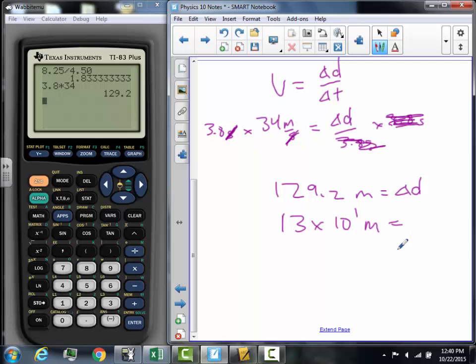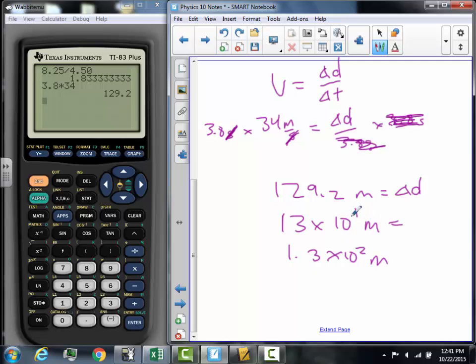There's a couple other options, by the way. You also could have written it as 1.3 times 10 to the 2 meters. That would also be valid. There's actually more options. Does anybody have a data table nearby that tells me what a 10 to the 1 is?